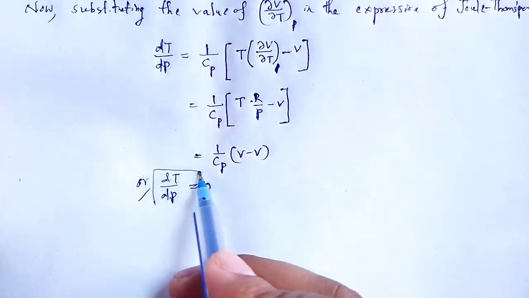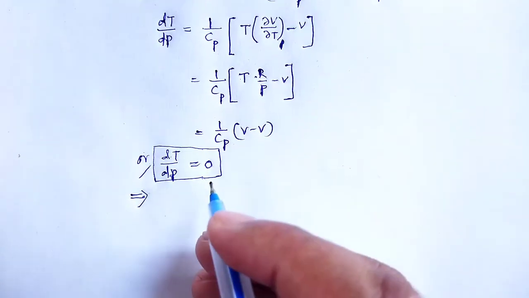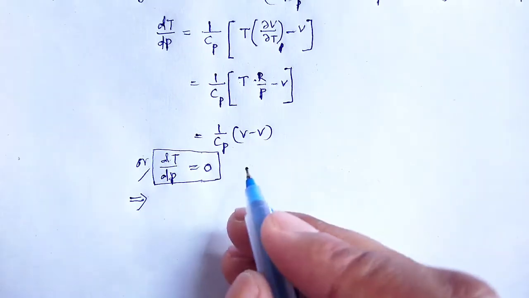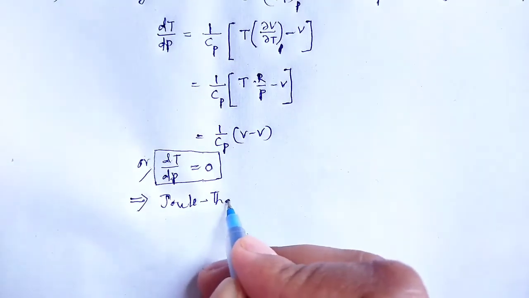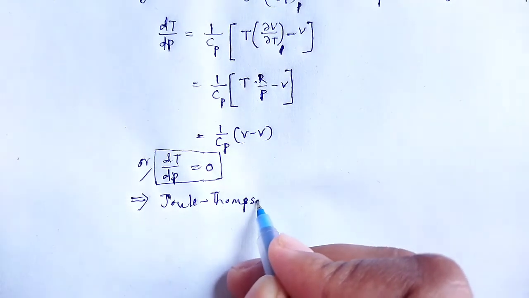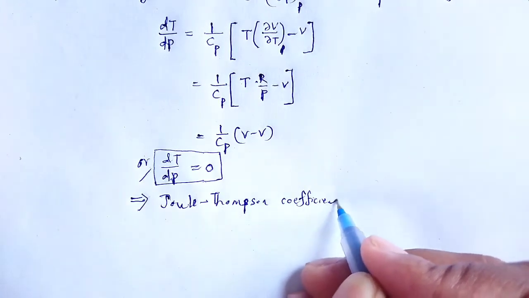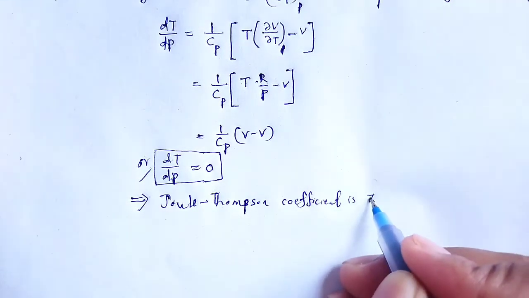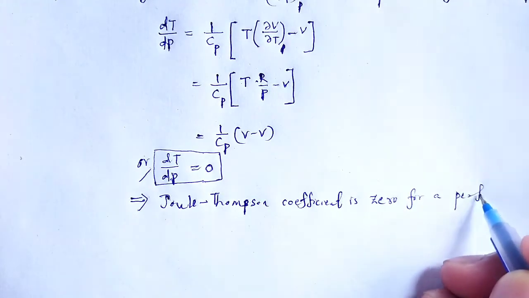Hence the Joule-Thompson coefficient is 0 for a perfect gas.